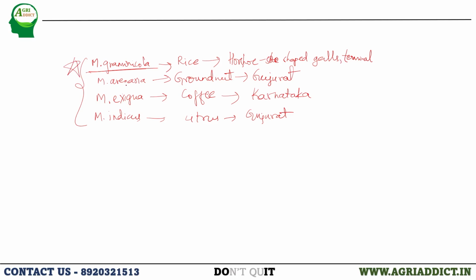And Meloidogyne arenaria attacks groundnut, more prevalent in Gujarat; exigua, coffee in Karnataka; indica, citrus in Gujarat. And there are also Meloidogyne incognita and javanica, the other two species.